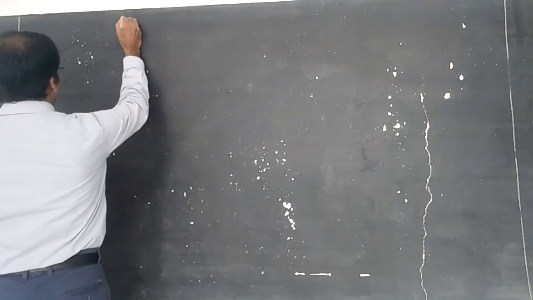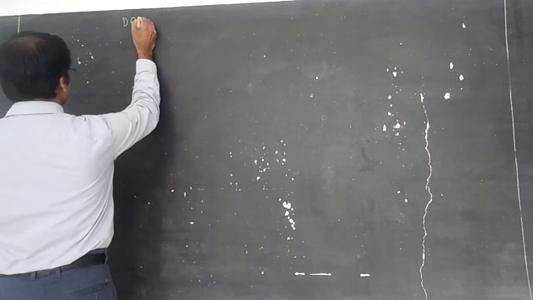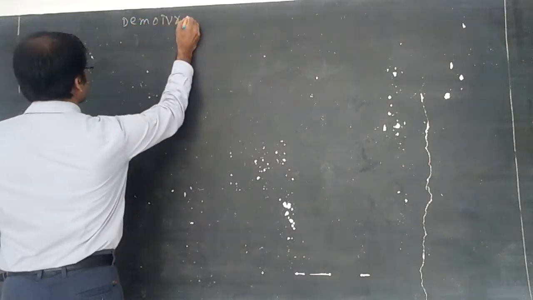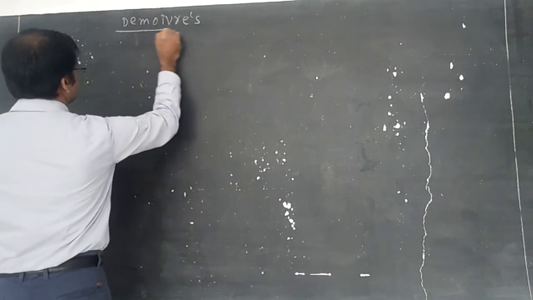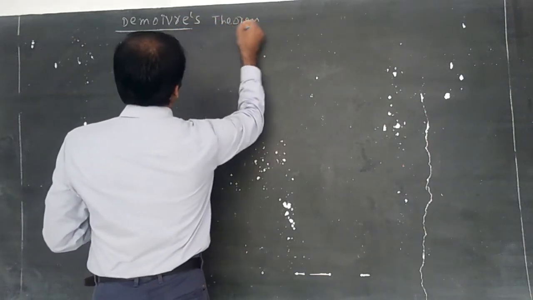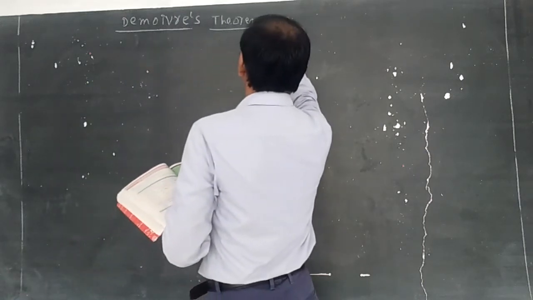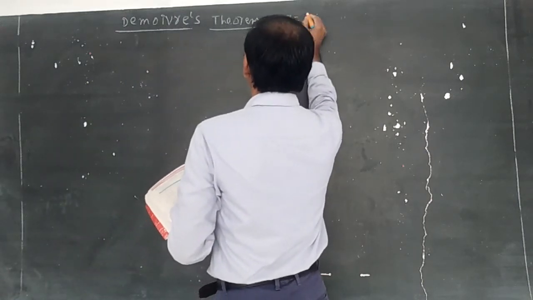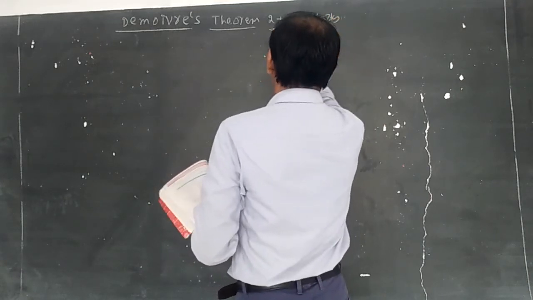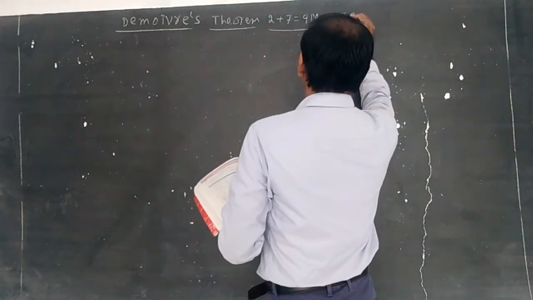You are entering into the next chapter, De Moivre's theorem. It is the name of the mathematician. De Moivre's theorem. This IPE weightage is 2 plus 7, 9 marks. 9 marks IPE.